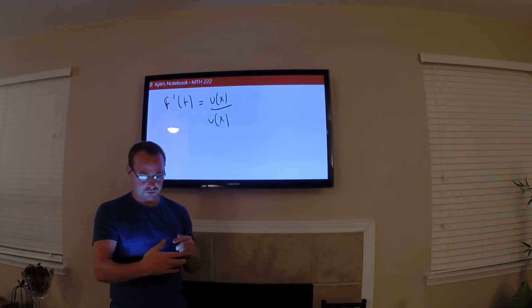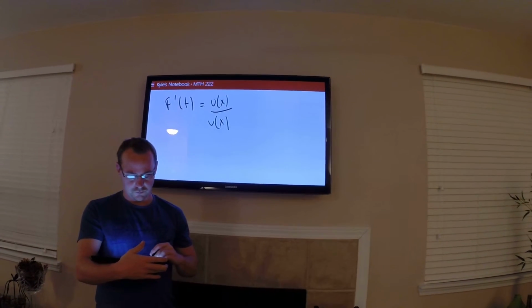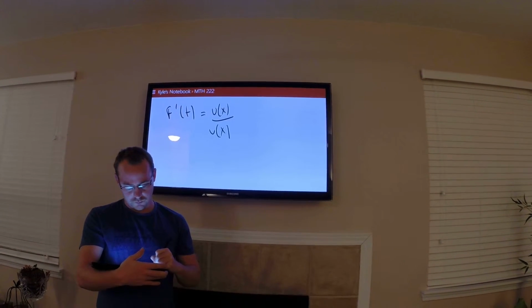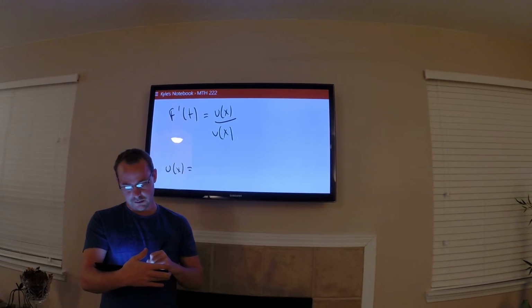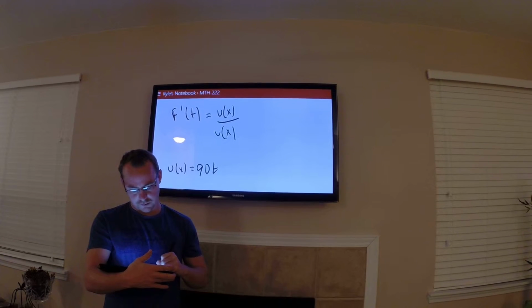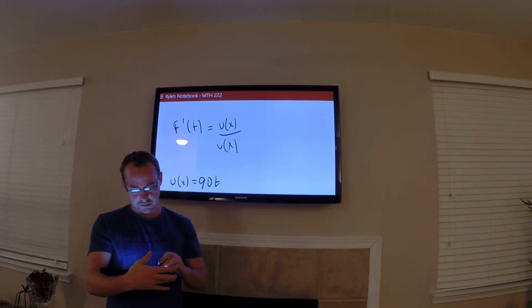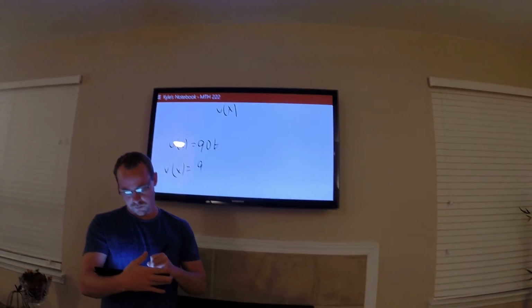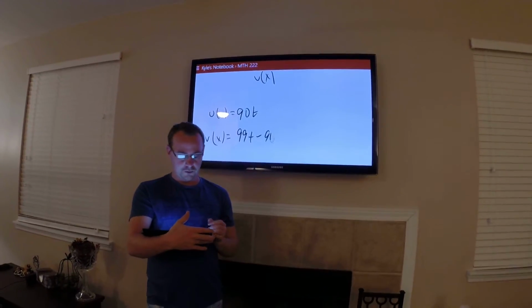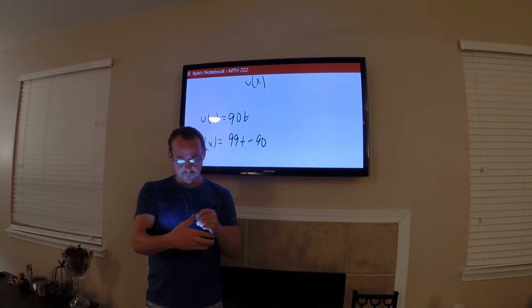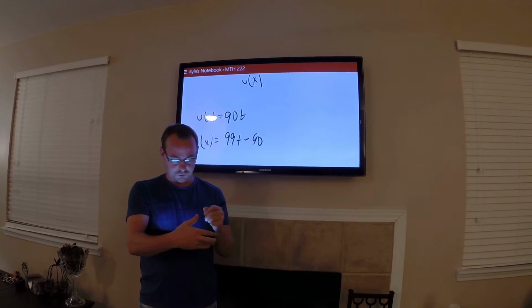So the two separate functions will look like this: u of x equals 90t, and v of x equals 99t minus 90. We will also need to find the derivative of each of those functions.